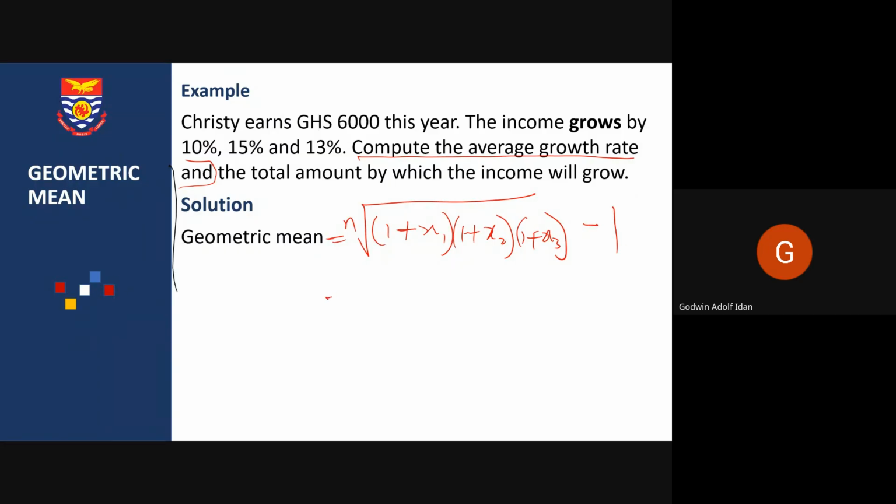And so we have 3, the cubic root of 1 plus 0.1, multiplying 1 plus 0.15, multiplying 1 plus 0.13, everything minus 1. So what will be the answer?